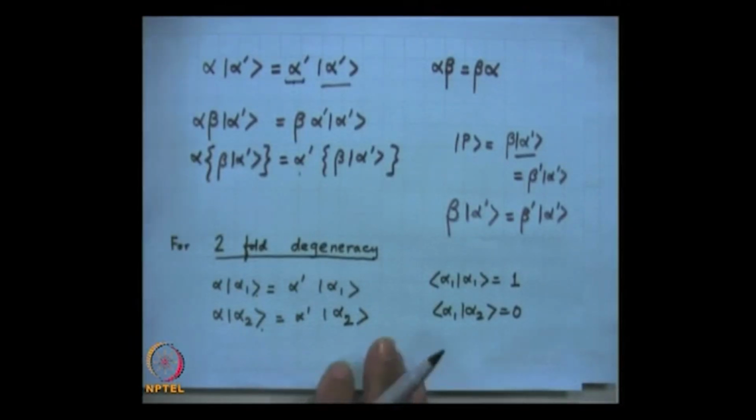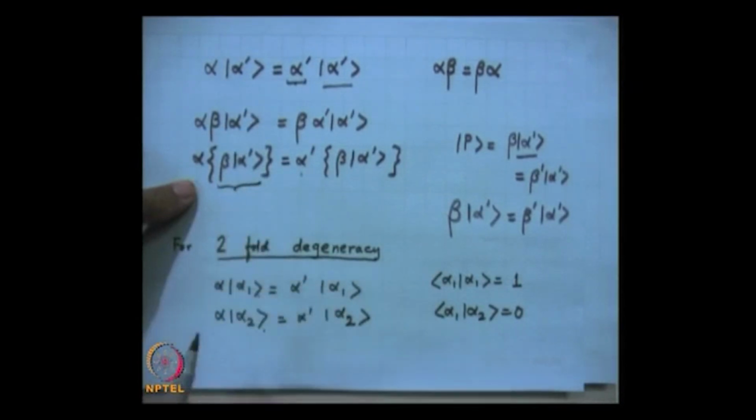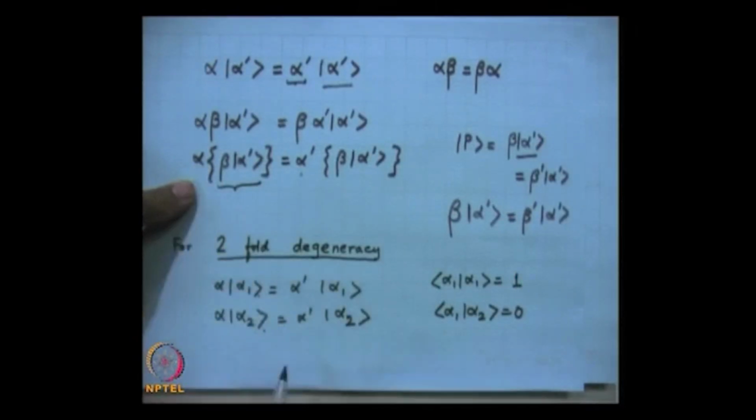Now, beta ket alpha prime is an eigenket of the operator alpha.